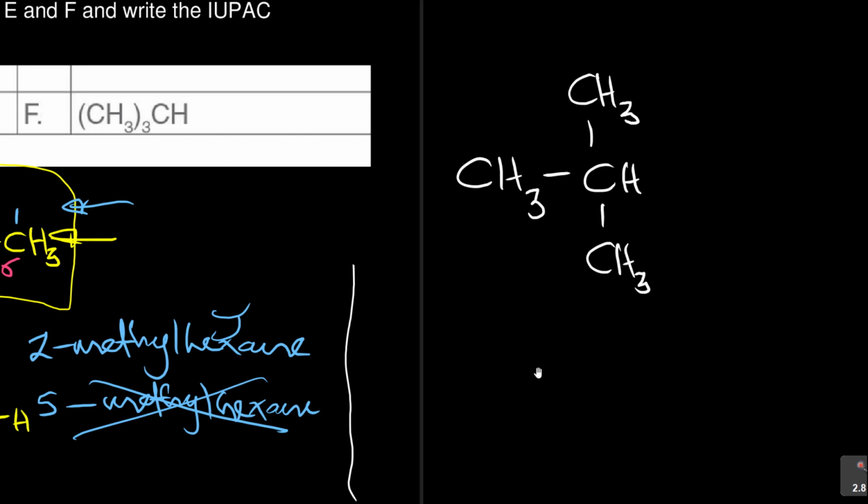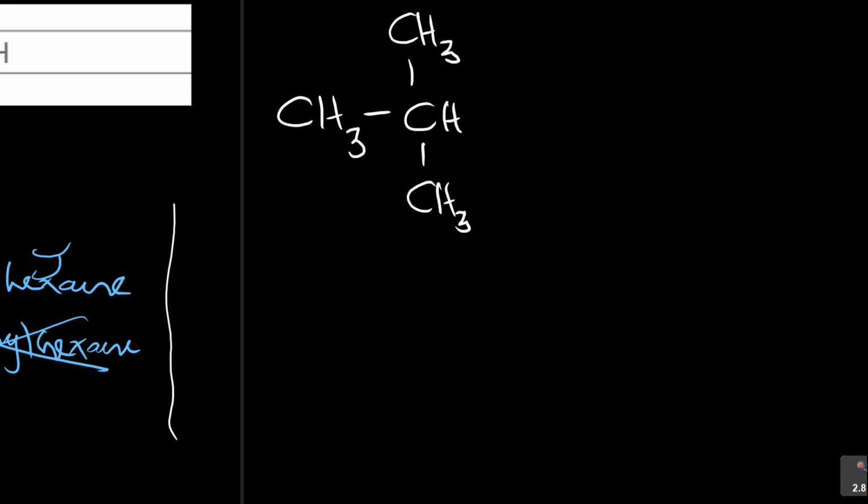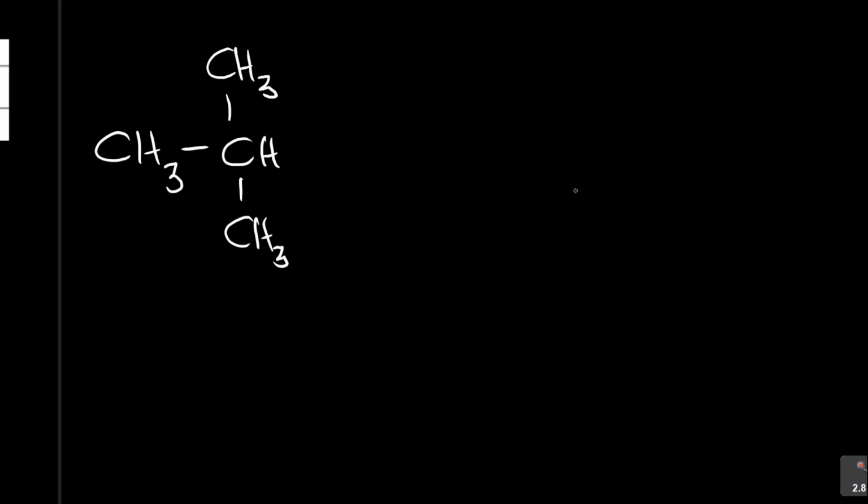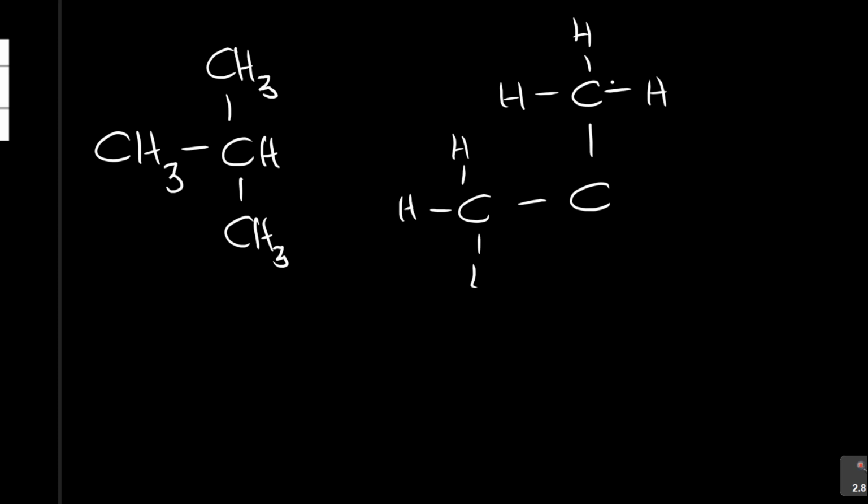So when you do that, the structure becomes, if you take it from already from here, what will be the structure? You've got C, C, H, H, H, and then C, H, H, and H, C, H, H, and H, and you've got H. There is the structure.